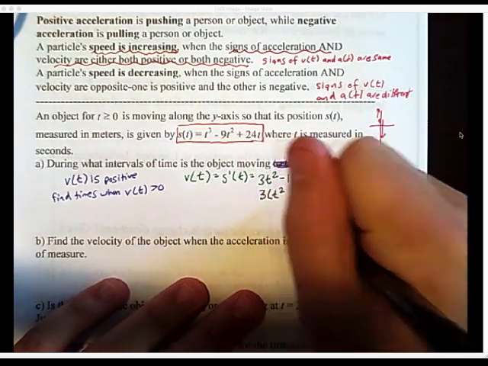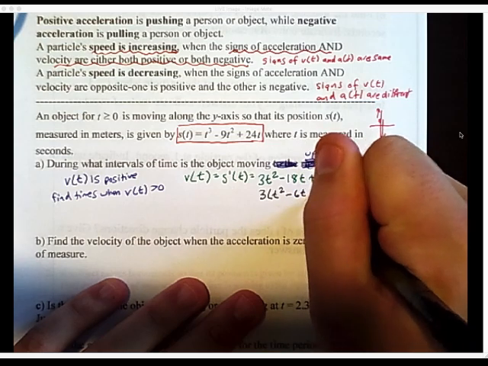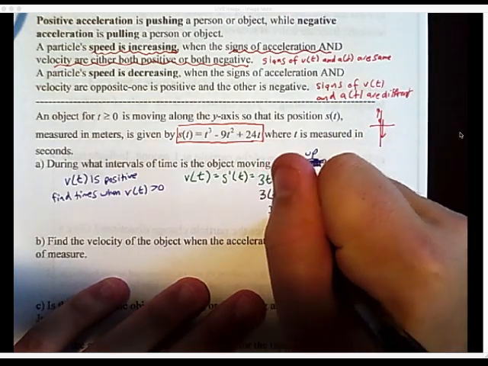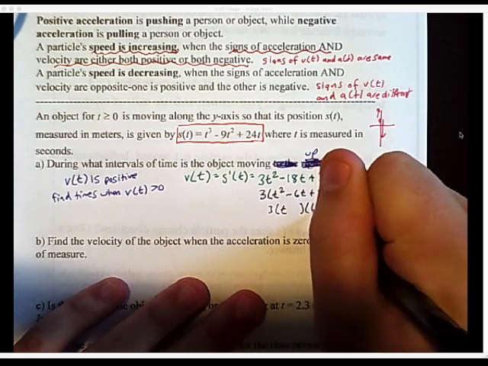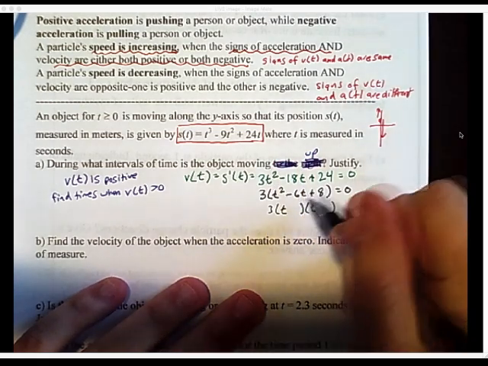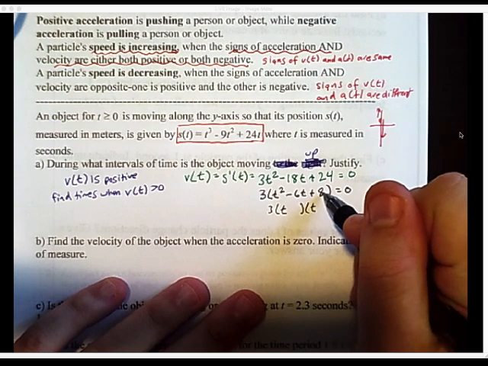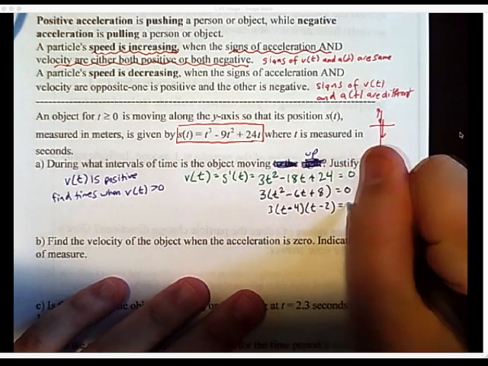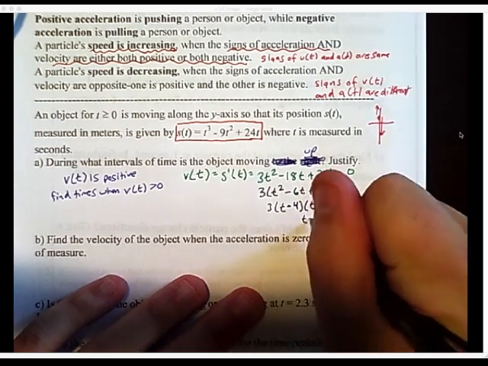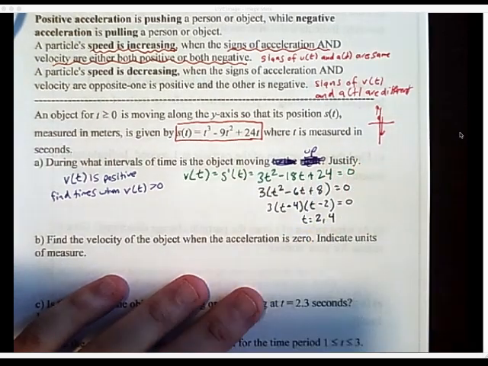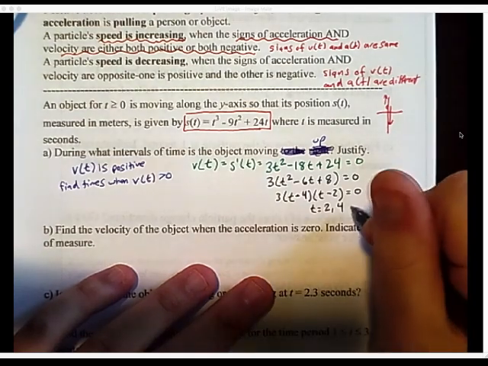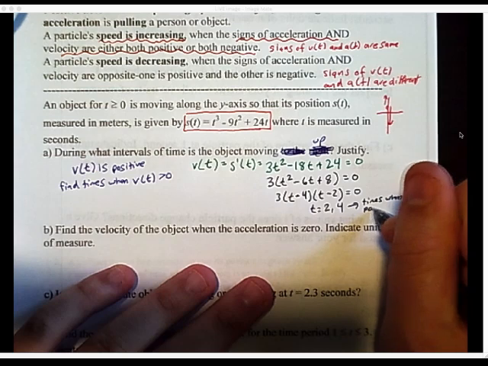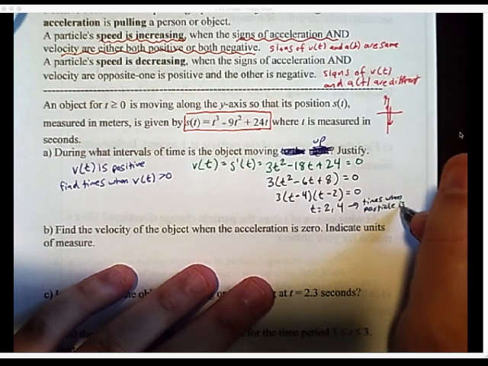Take out a 3, and then factor that quadratic some more. The only way I can get negative 6 and positive 8, I would have to have a minus 4 and a minus 2. So if I solve that, I'm going to get two answers, 2 and 4. These are the times when the particle is momentarily stopped.